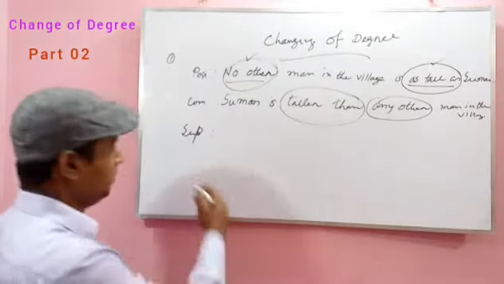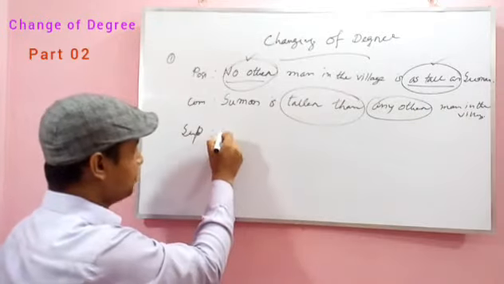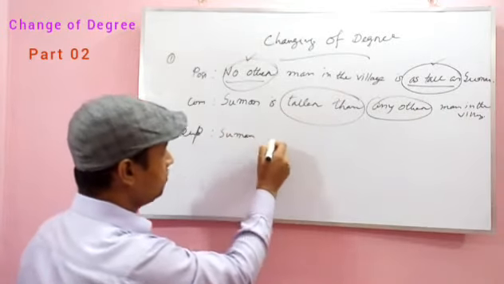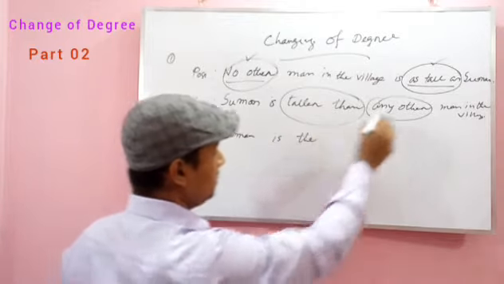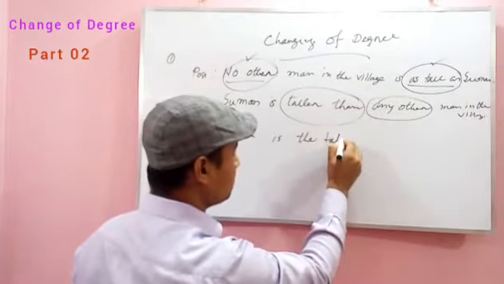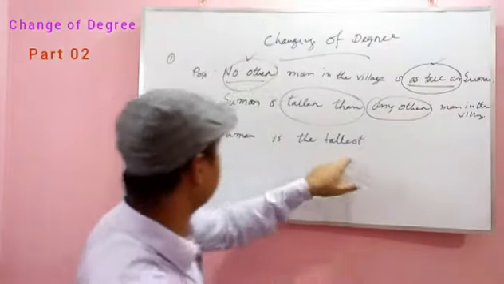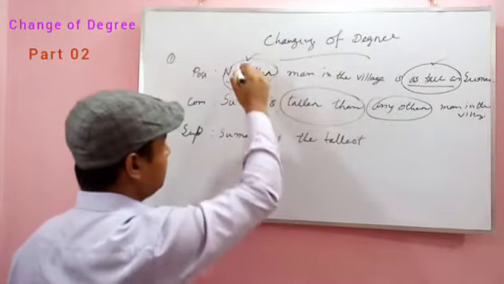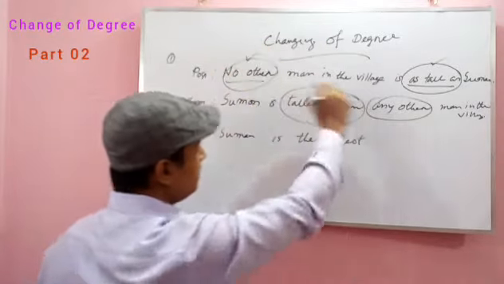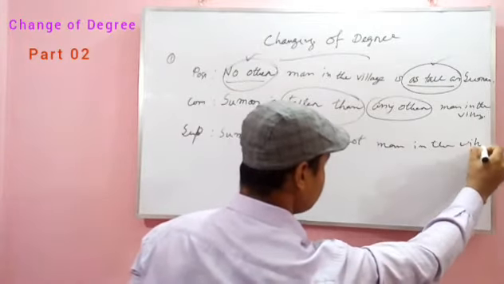Okay, then the superlative form. This Shumon also goes to the first position. Shumon is, then this part changes into the tallest, then these parts will vanish, then tallest man in the village.